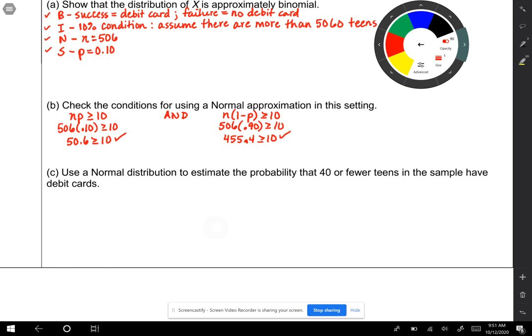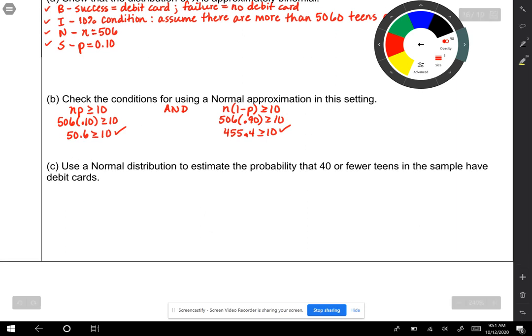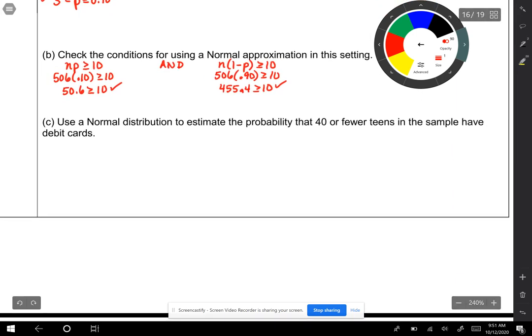Now that the normal condition has been met, and we know it's a binomial distribution, use a normal distribution to estimate the probability that 40 or fewer teens in the sample have debit cards. So we're going to use normal CDF. Here, students get the numbers mixed up.